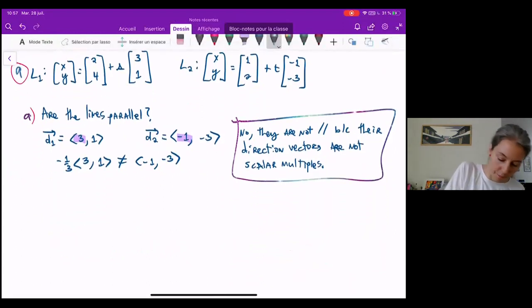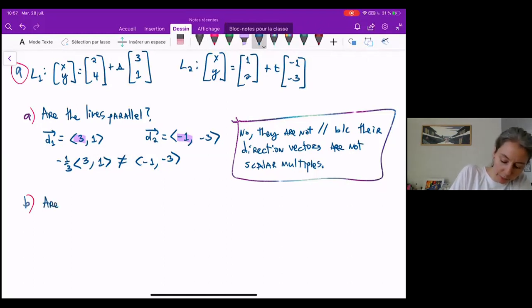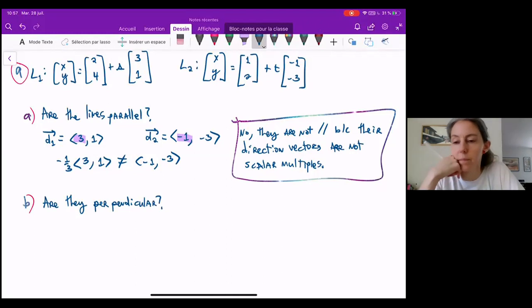Okay, B. So B says, are they perpendicular? What do I need to check to see if they're perpendicular? Not the cross product.